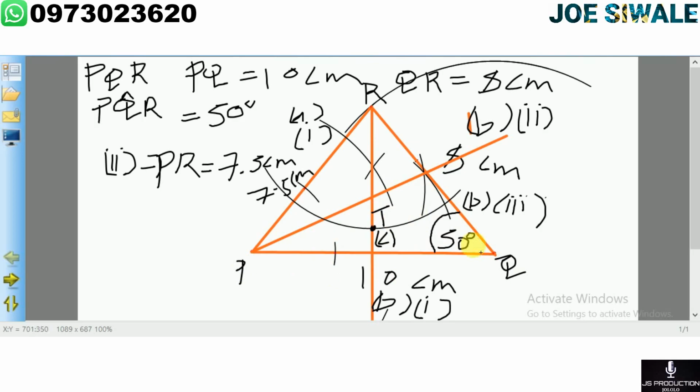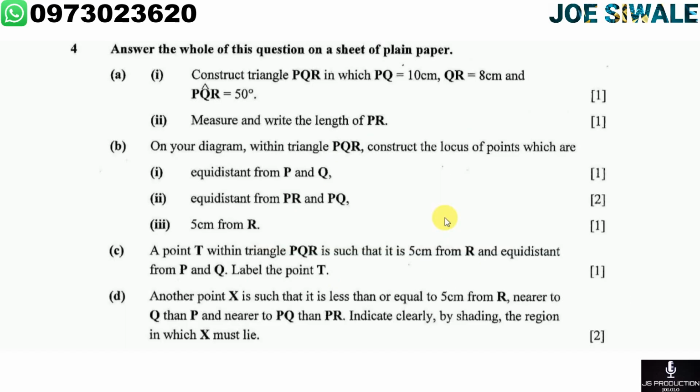So this means it is this side, it is nearer to Q than P, and the question proceeds, and nearer to PQ than PR.